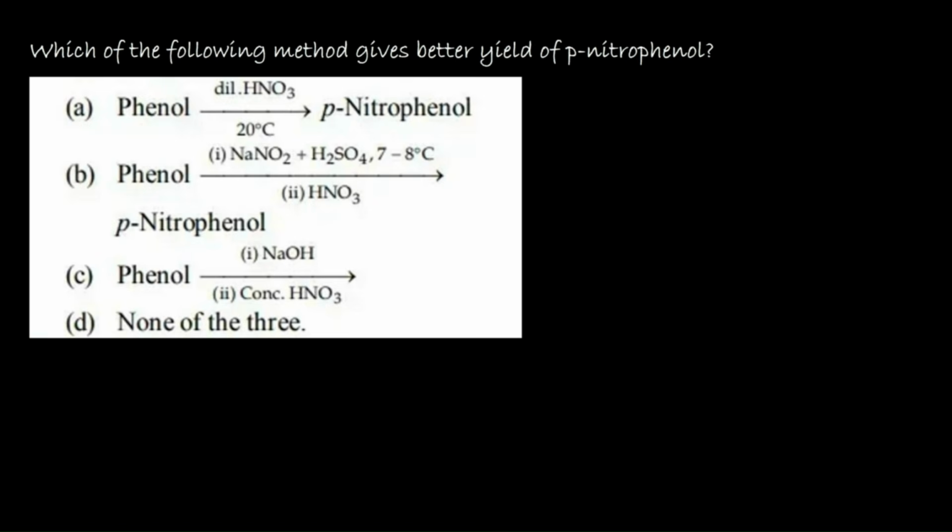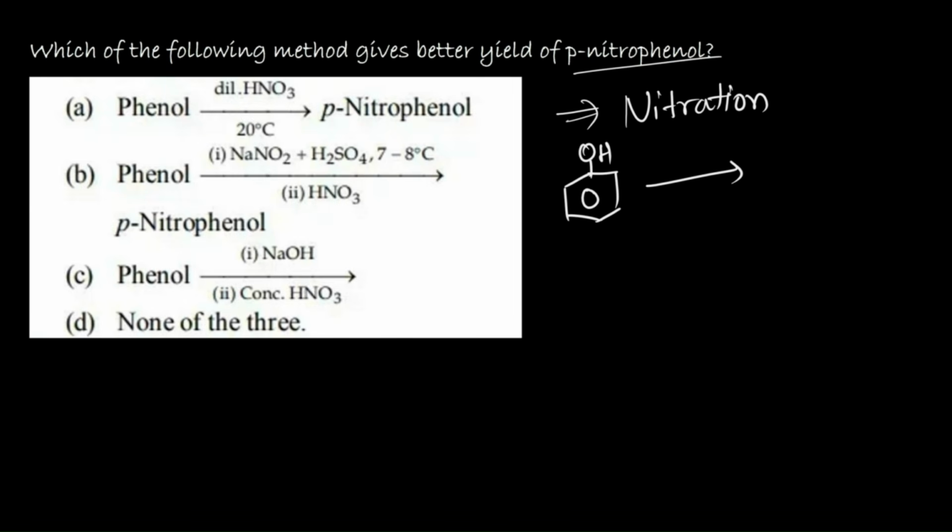Which of the following methods gives a better yield of para-nitrophenol? The first method is a simple nitration, an electrophilic substitution reaction. The second method involves two steps: phenol is first reacted with reagent number one, and that will form nitrosophenol.